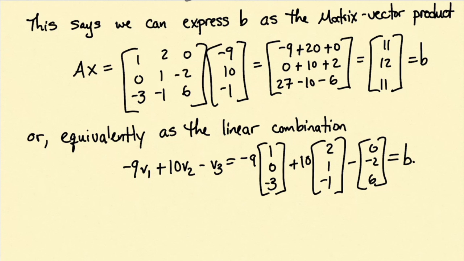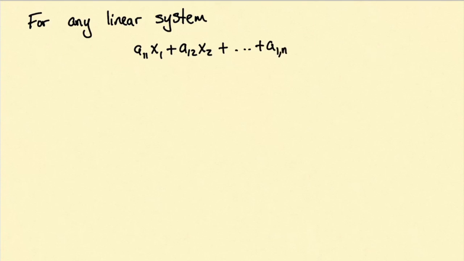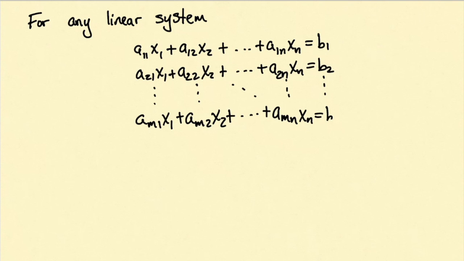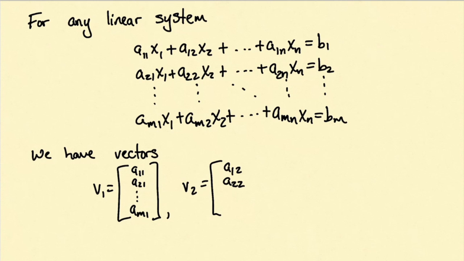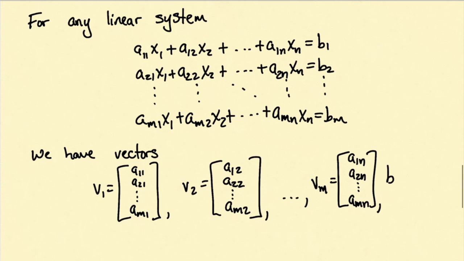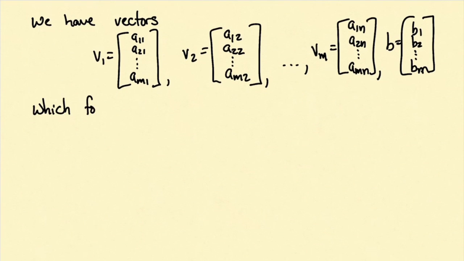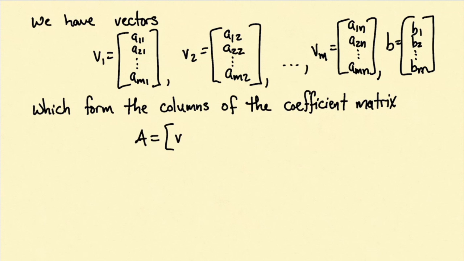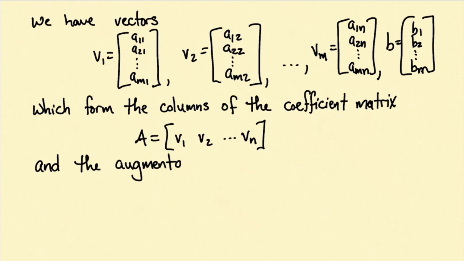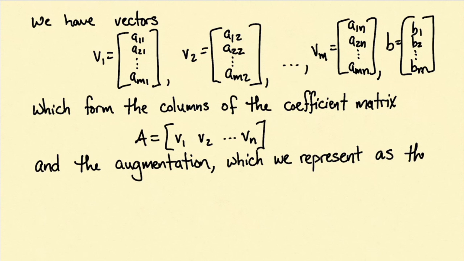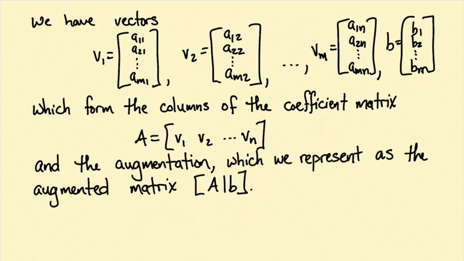In fact, for any linear system with m equations in n unknowns, we can translate each of the columns of coefficients into a vector. We can arrange those vectors as a matrix, and we can combine all of the b's on the right-hand side with the augmentation and express our linear system as the augmented matrix [A | b].